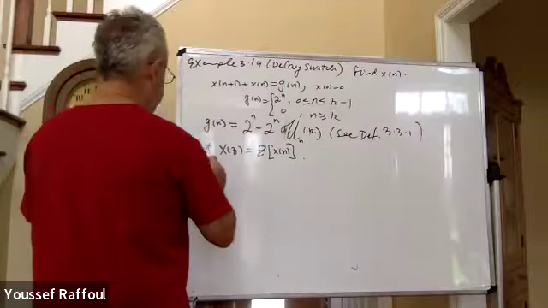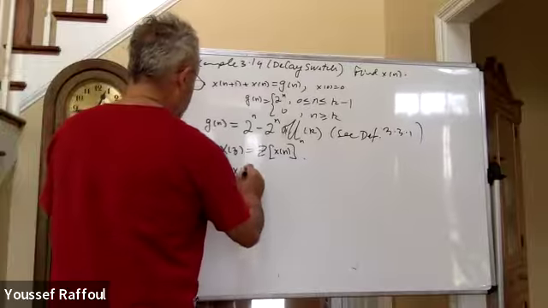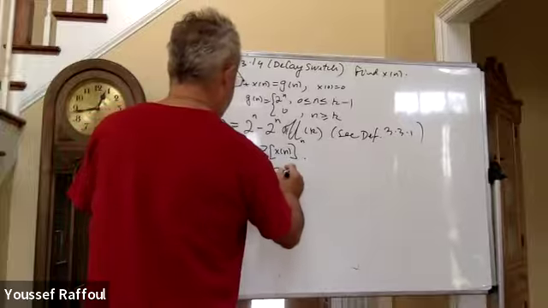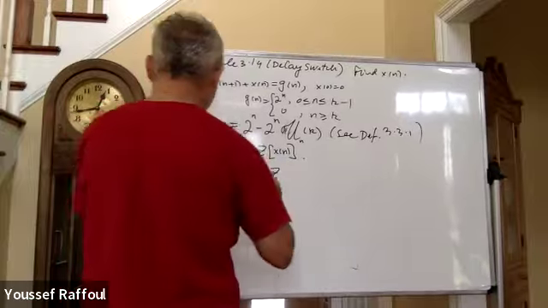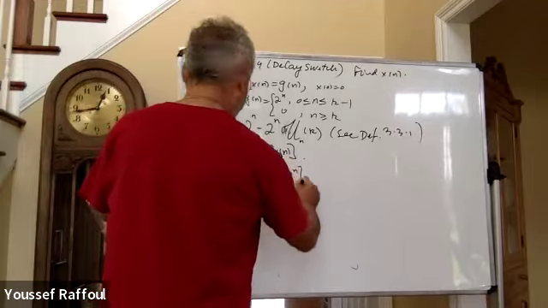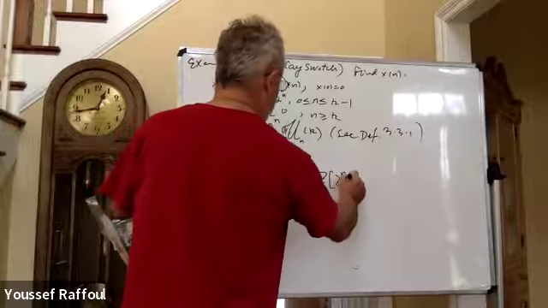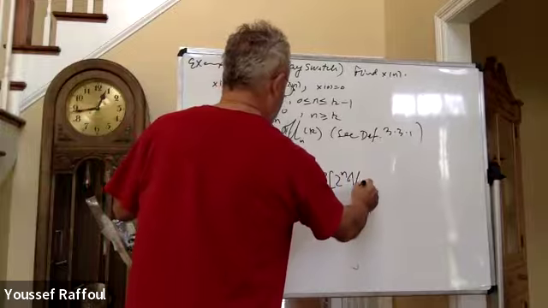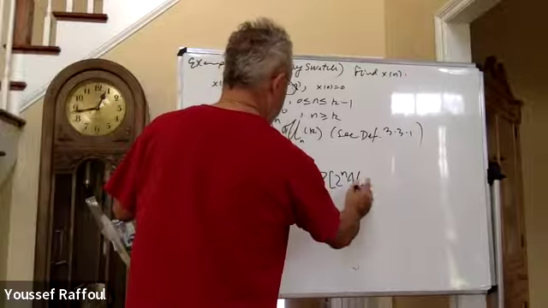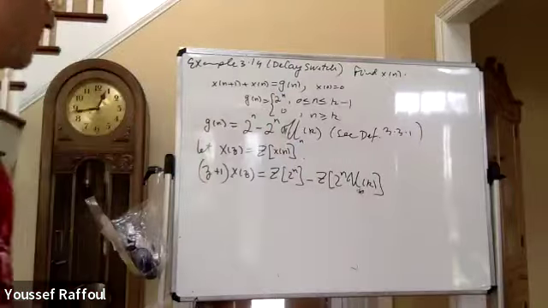Then we'll have (z plus 1) X(z) equal to the z transform of 2 to the n minus 2 to the n u(n minus k).